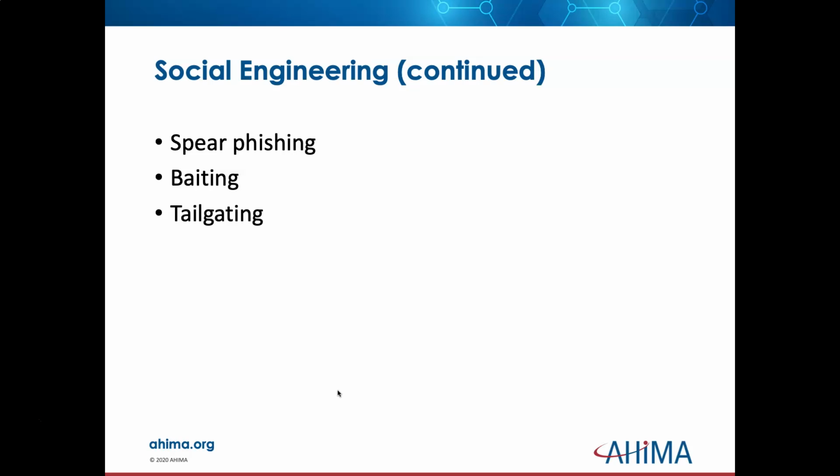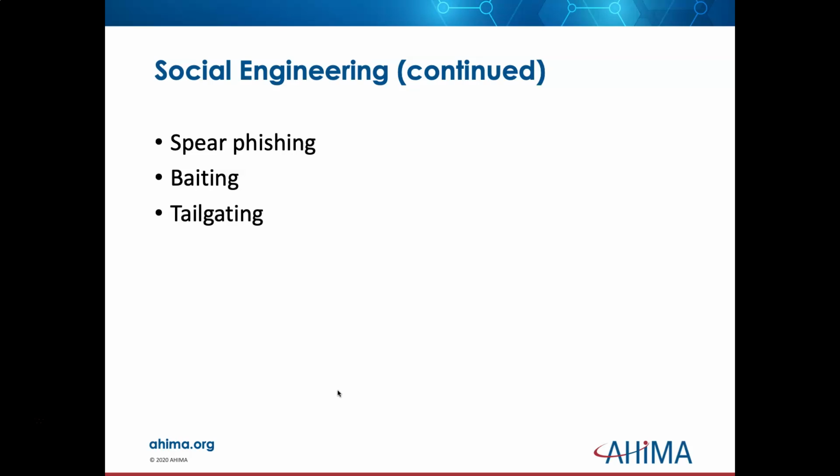They have to research the individual whose identity they're going to assume by looking up social media accounts or looking at their activity on the web, and then they assume that identity. It's usually a high-level leadership position of the organization, and then they can target other individuals within the organization to get more information.